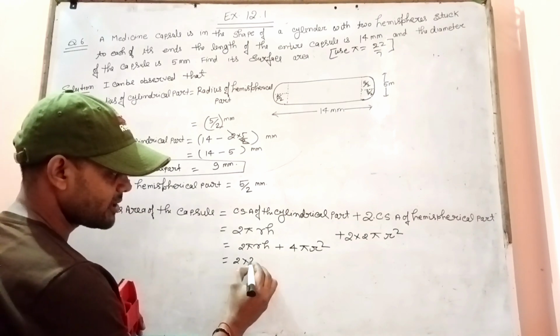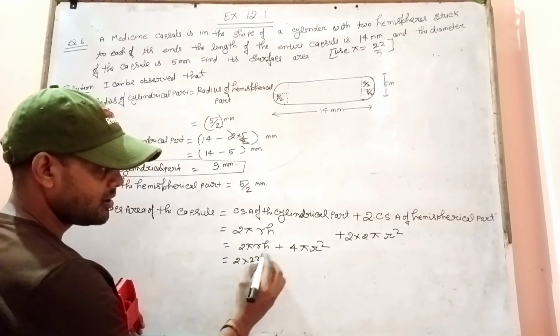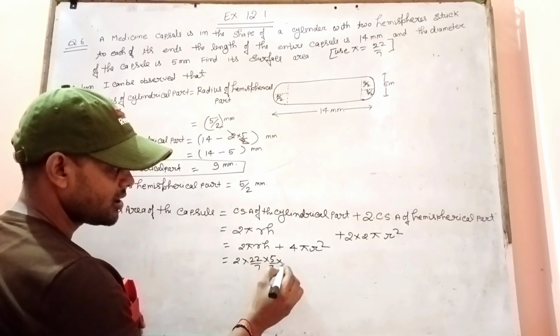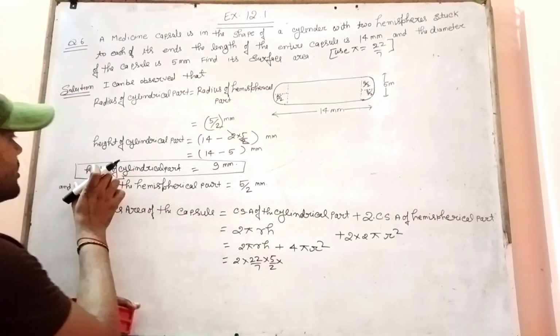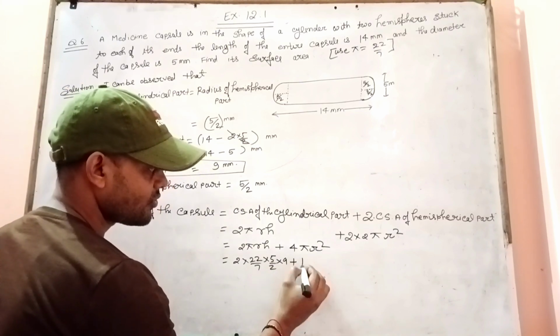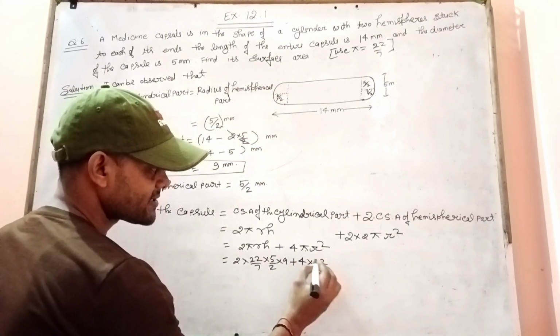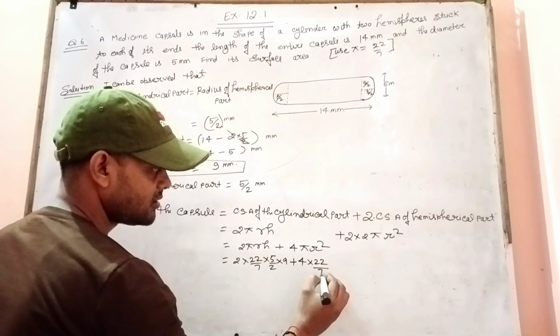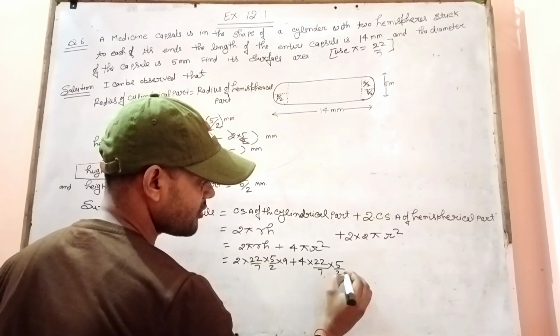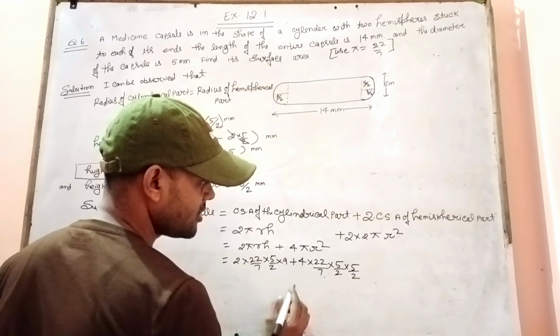2 into 22/7 into radius of cylinder 5/2 into height of the cylinder, which is 9 mm, plus 4 into 22/7 into radius 5/2 squared, that is 5/2 into 5/2.